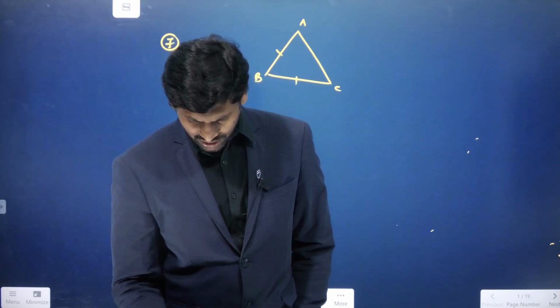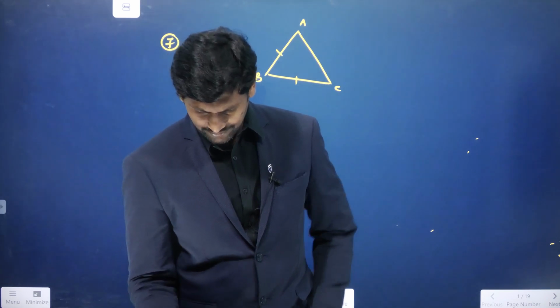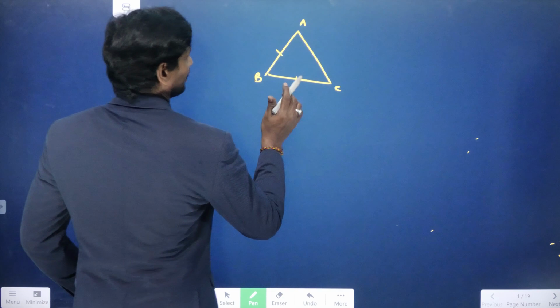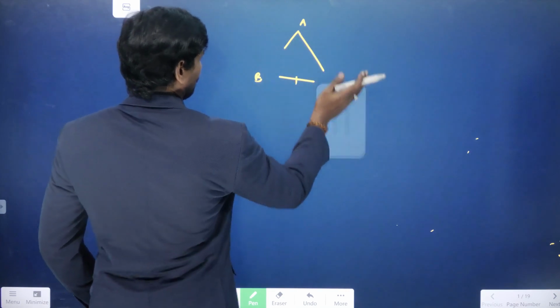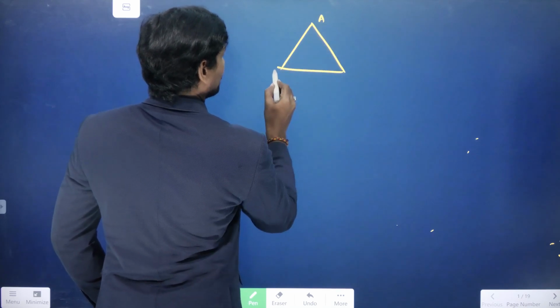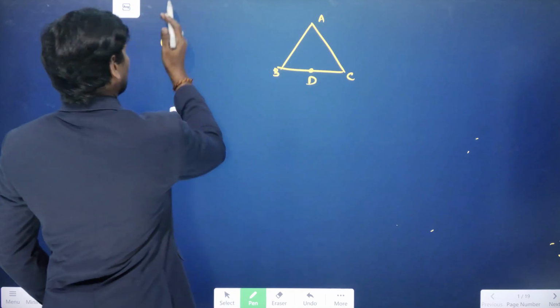Okay. So in triangle ABC, D is the midpoint of BC.